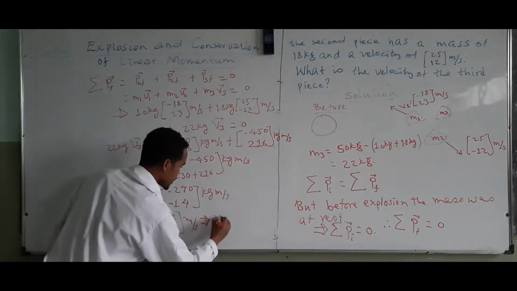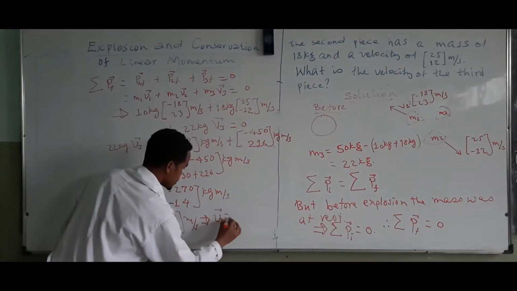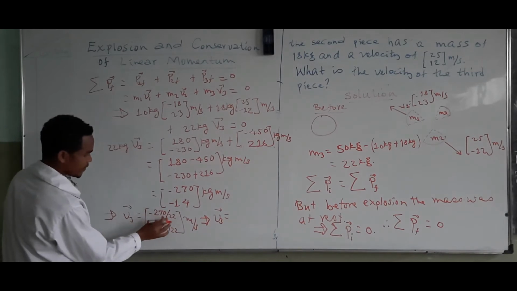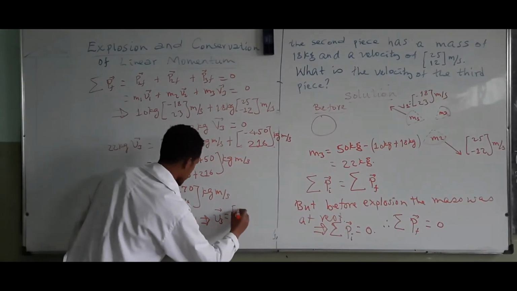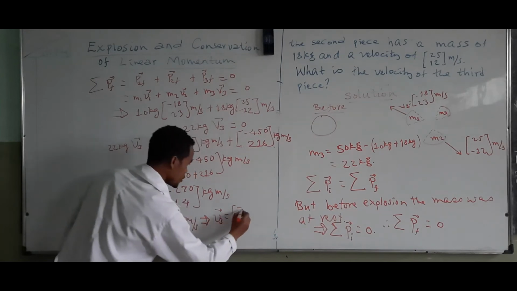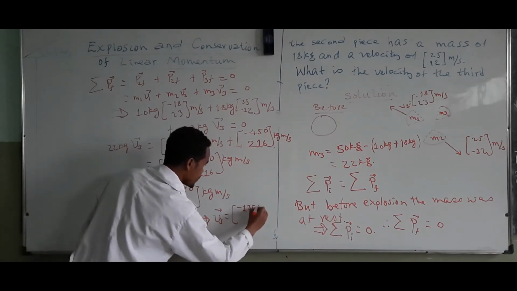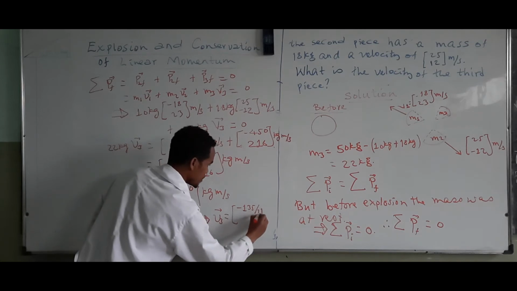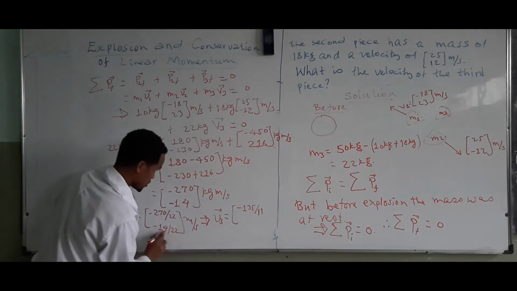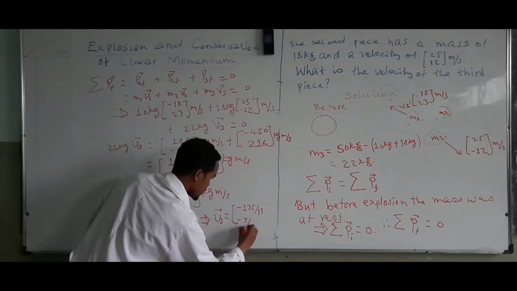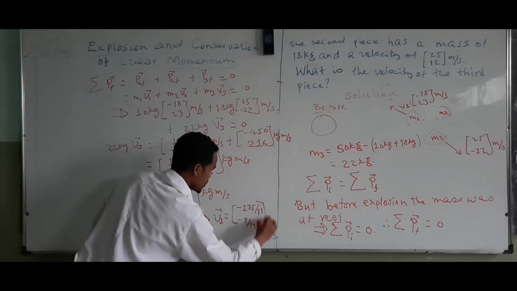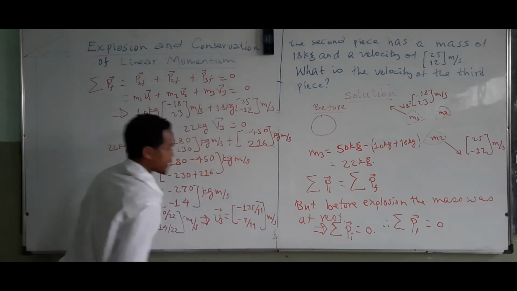Simplify this: if you divide by 2, you will get negative 135 over 11 in the x direction, and in the y direction, negative 7 over 11 meters per second.